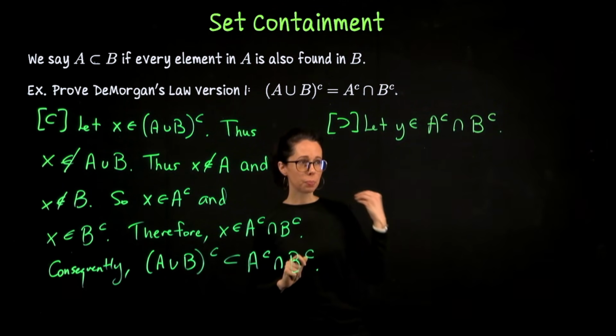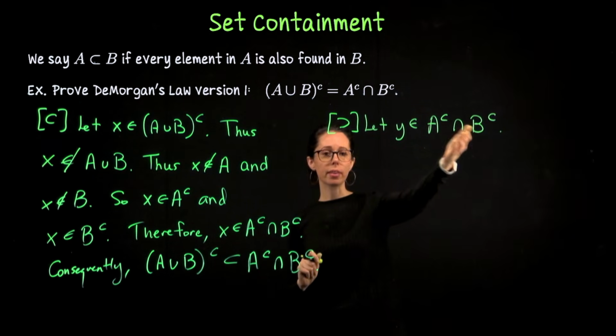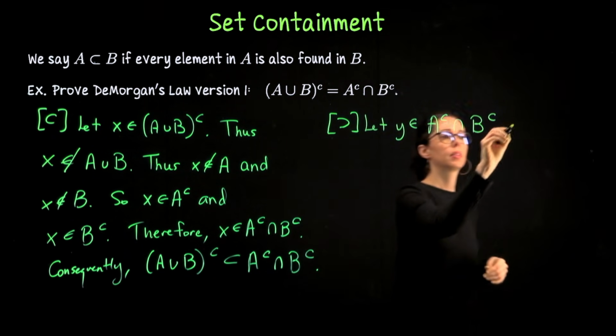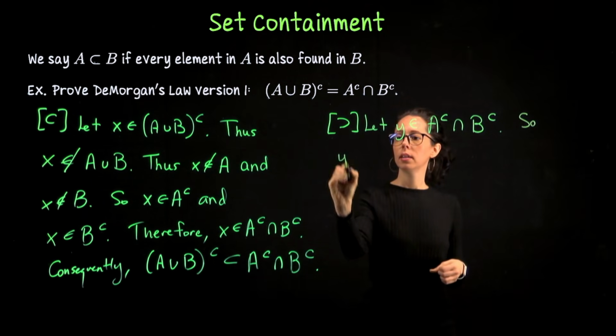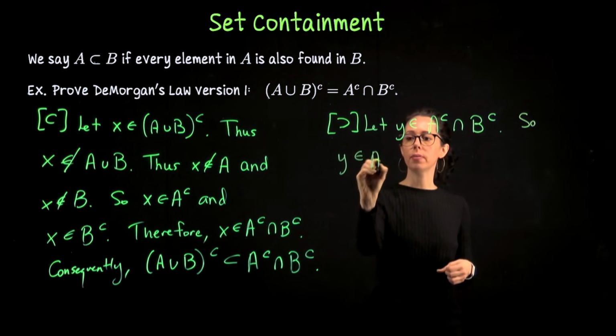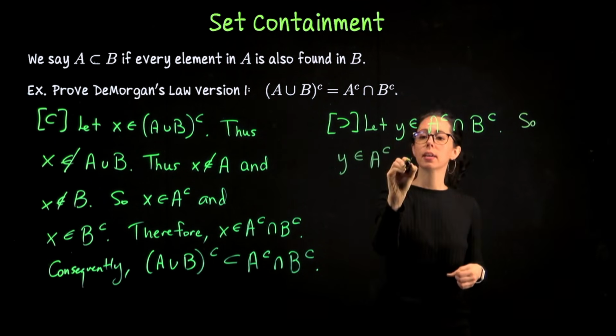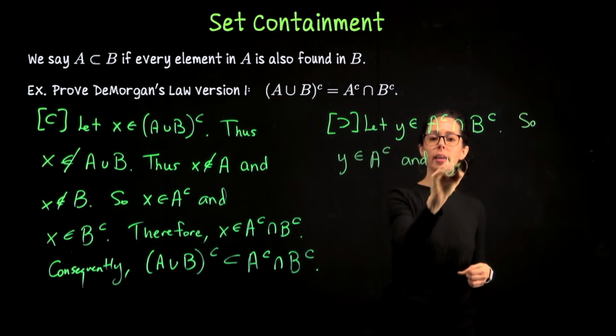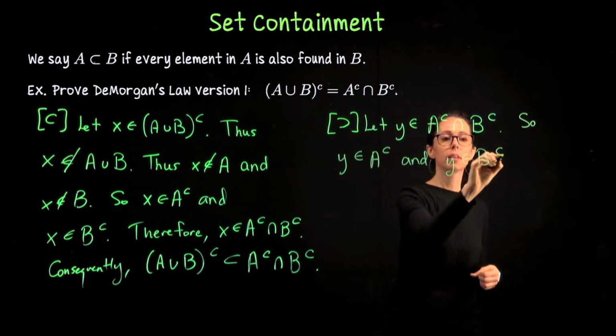I want to just put into words what it means to say that y belongs to this intersection. So y is a member of both of these. y is in A complement and y is in B complement.